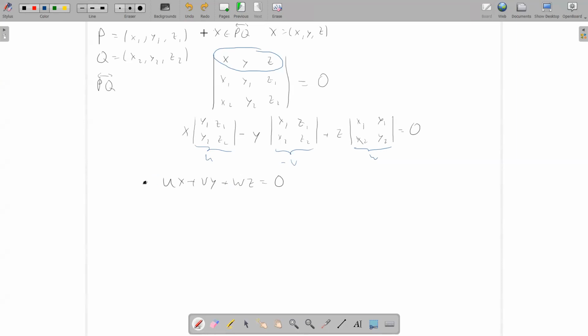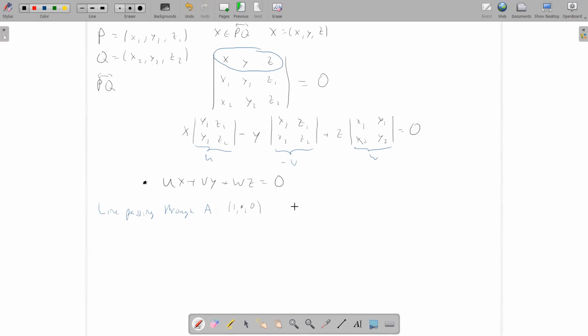So, for example, if you wanted a line passing through A, well, we know that A, which is the point 1, 0, 0, lies on the line.